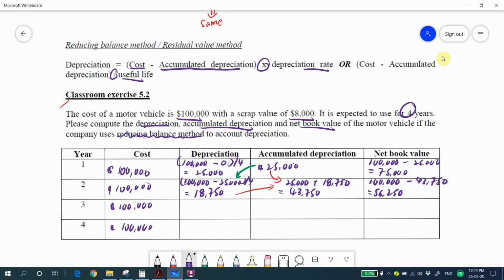And next, for year 3, the depreciation will be 100,000 minus 43,750, and then divided by 4. How do I get 43,750? From here.